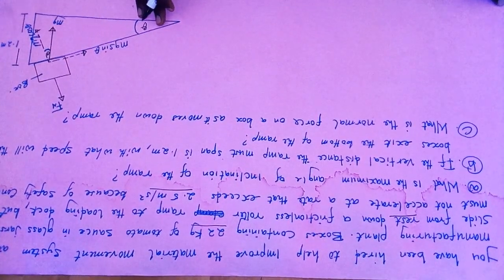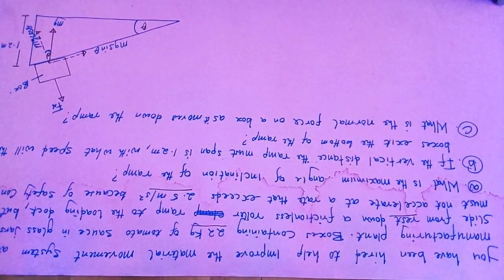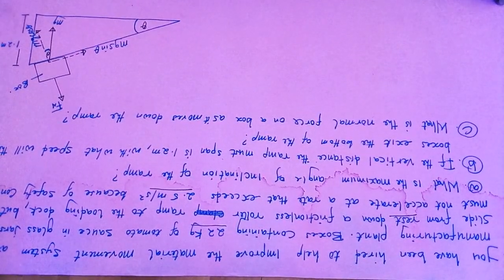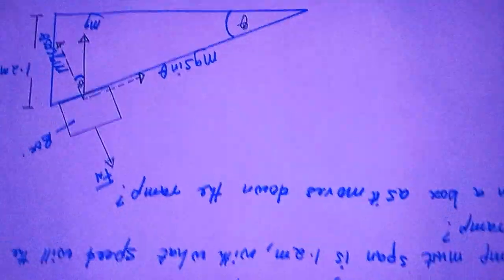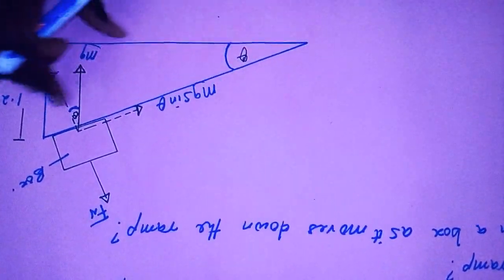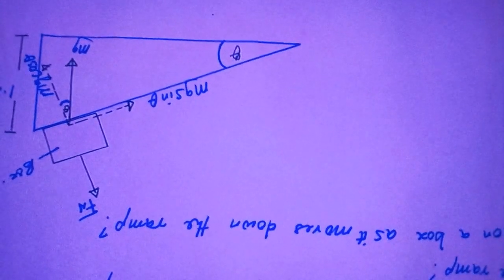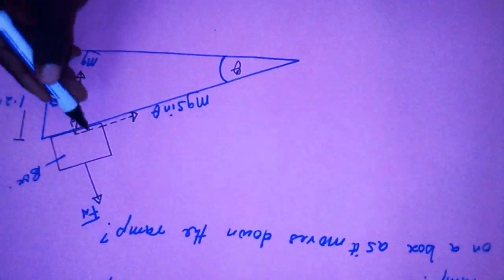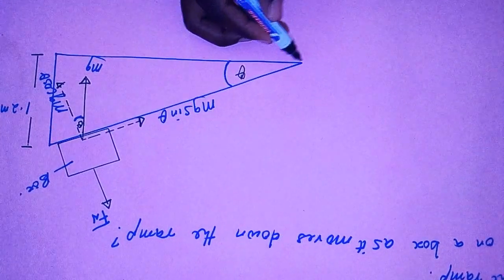So once you have such a question, the first thing that has to come to your mind is to draw a free body diagram. So I have drawn a free body diagram here to say, let this be the ramp, where these boxes, so this is a box, are sliding down to a loading dock.